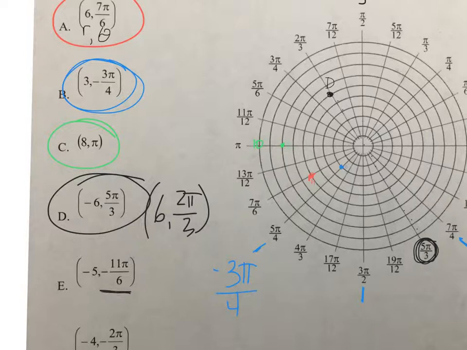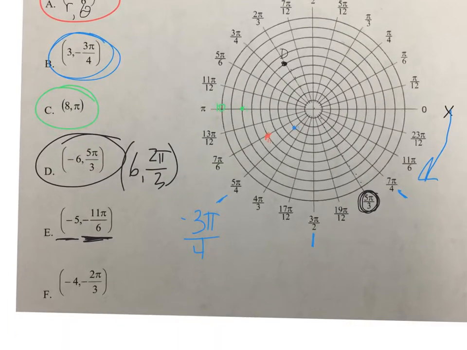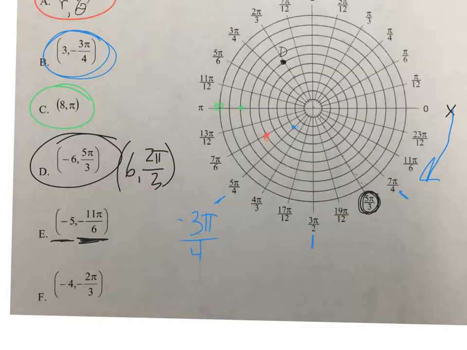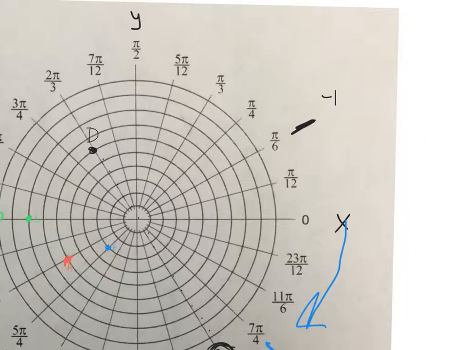The next one is negative 5 comma negative 11 pi over 6. So 11 pi over 6 is almost all the way around your circle. I believe it's here. This is also known as negative 11 pi over 6.